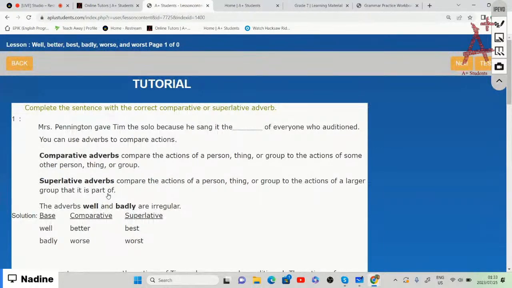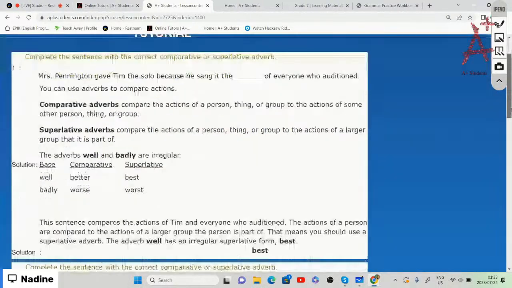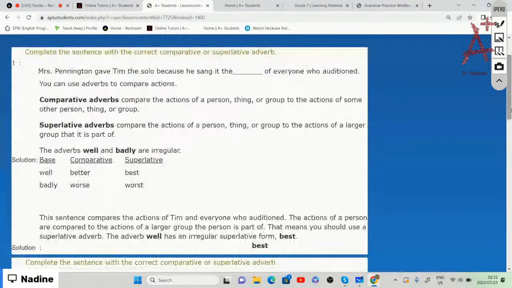And superlative adverbs compare the actions of a person, thing, or group to the actions of a larger group that it is part of. And that is superlative. So in this case, the adverbs well and badly are irregular.